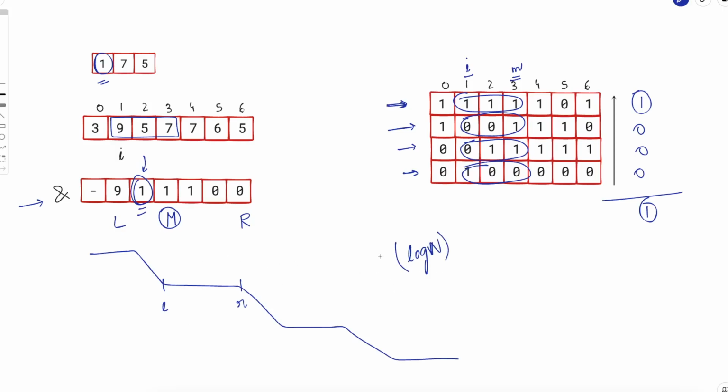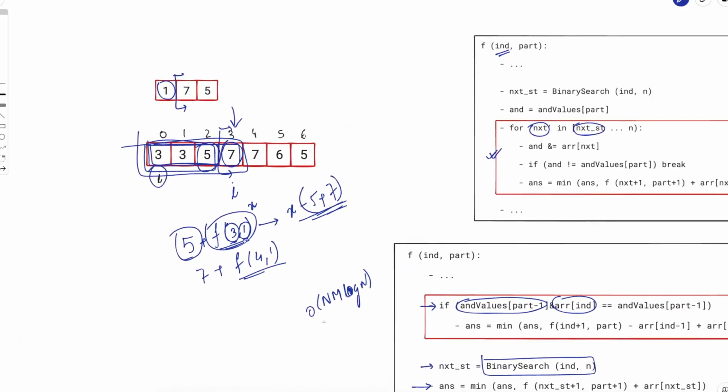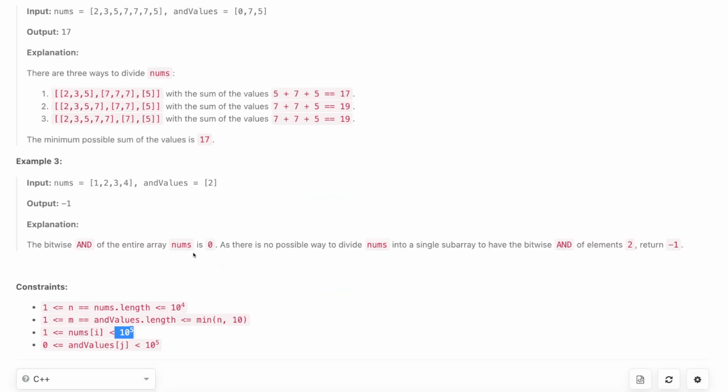So the complexity of binary search using a segment tree and binary search using this prefix sum, both will take order log square n time, right? So the complete complexity would be order n m multiplied by log square n, which will pass the given time constraint, right?